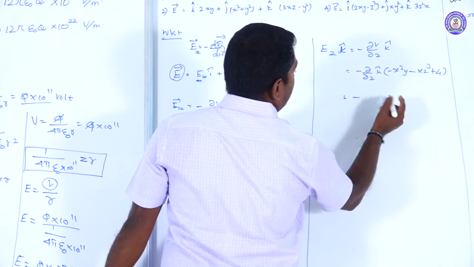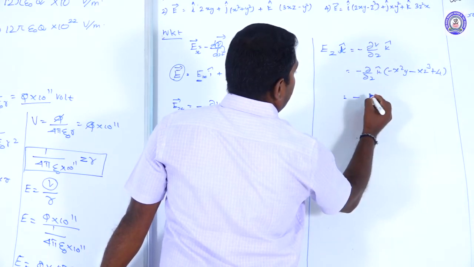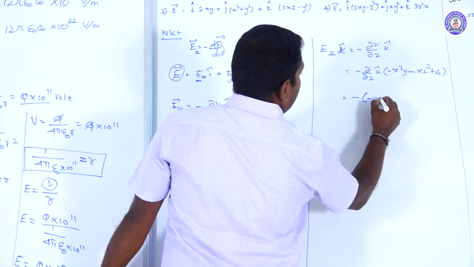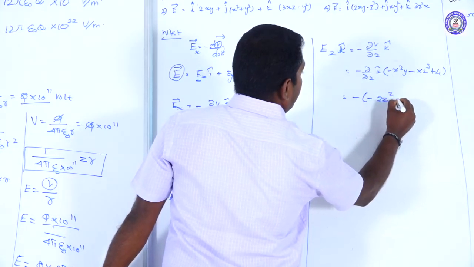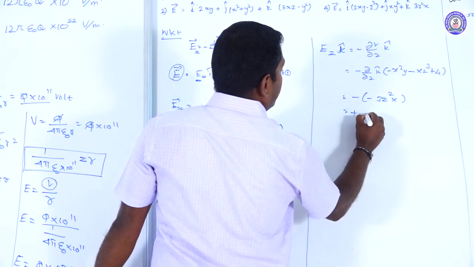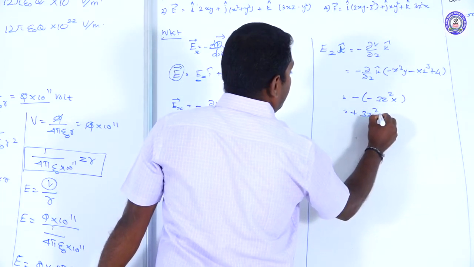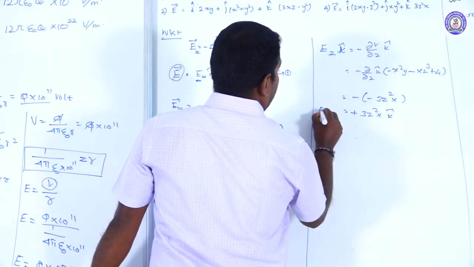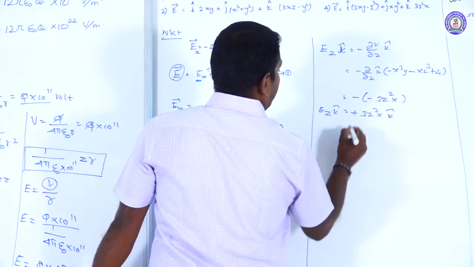So minus, minus 3z square x, which is equal to plus 3z square x k cap. Ez k cap.